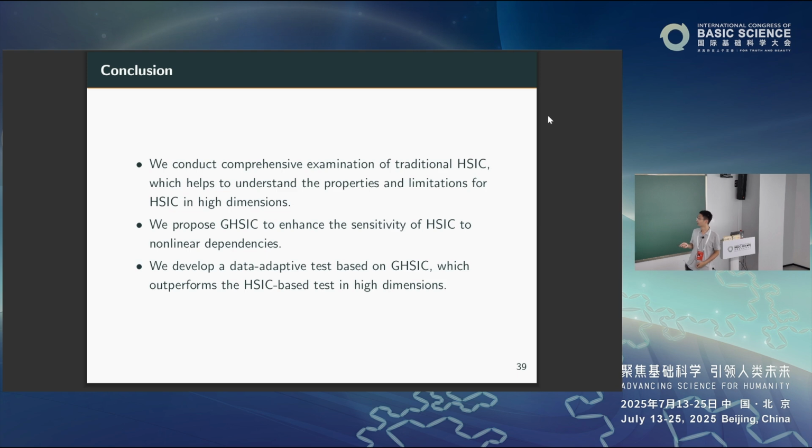And lastly, we develop a data adaptive test based on the generalized HSIC. This data adaptive procedure ensures that our generalized HSIC can outperform the traditional HSIC based test, even when there is only linear dependence.